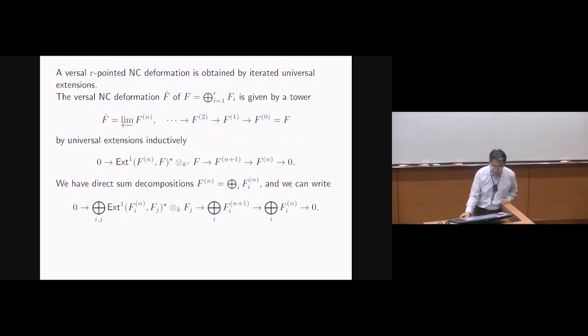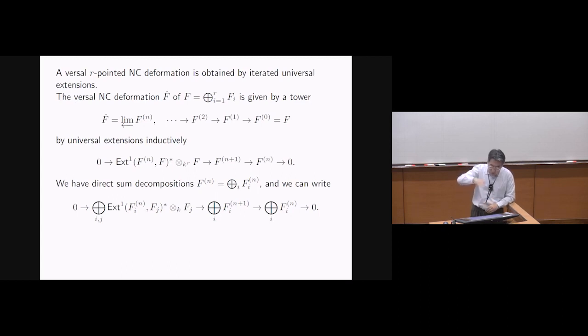So the versal r-pointed non-commutative deformation is obtained by iterated universal extensions. So this is another way to obtain the versal family. So the versal family is an inverse limit of a tower of sheaves, and from one tower to another tower.